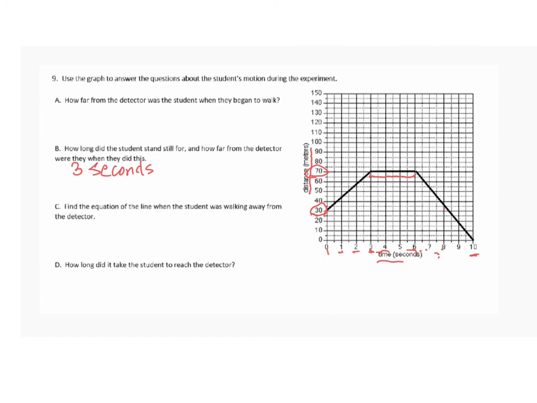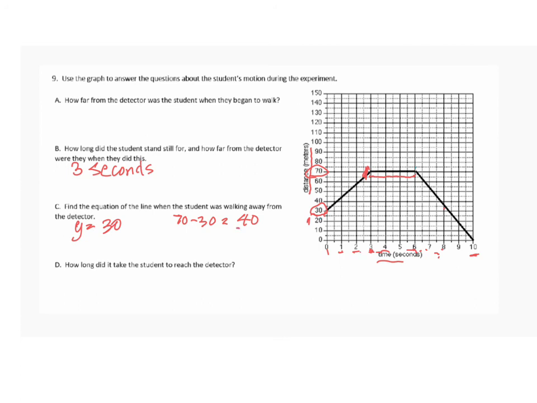Find the equation of the line for the student walking away from the detector. So that's this first section between here and here. Our y is 30. It starts at 30 and it goes up to 70. What is 70 minus 30? Well, it's 40, right? But you have to remember that we have to divide it by 3 seconds. 1, 2, 3.